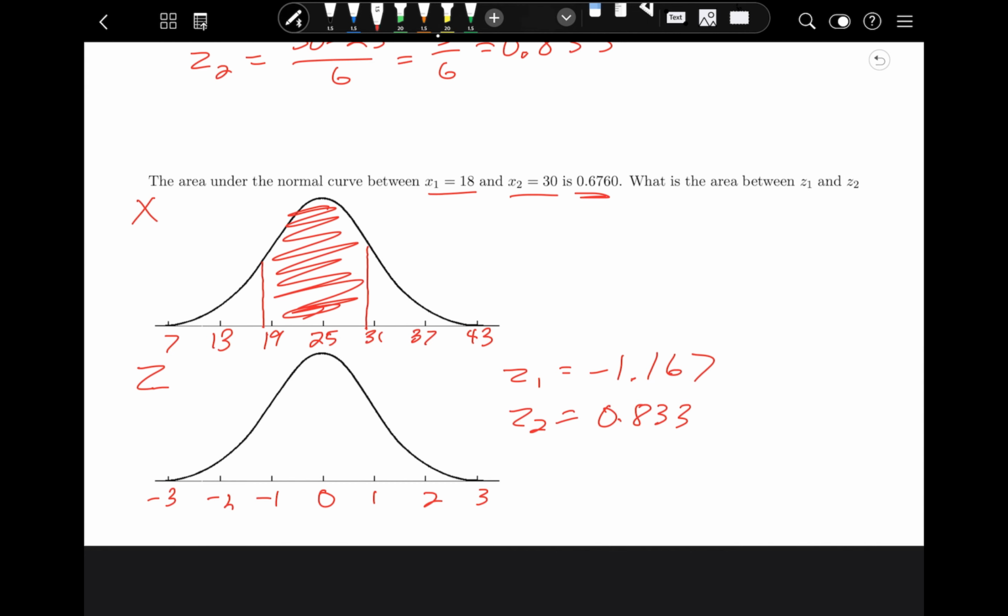Negative 1.167 is just a little bit to the left of negative 1, and 0.833 is just a little bit to the left of 1. Notice that those two regions match up, so the area between z1 and z2 should be 0.6760.